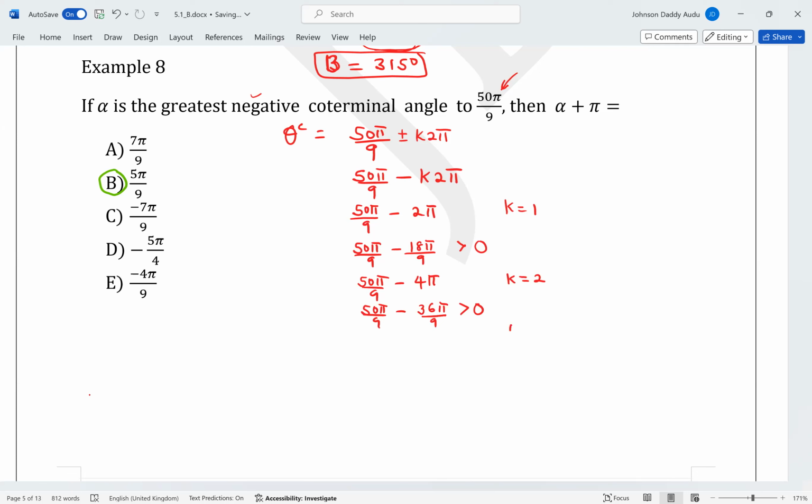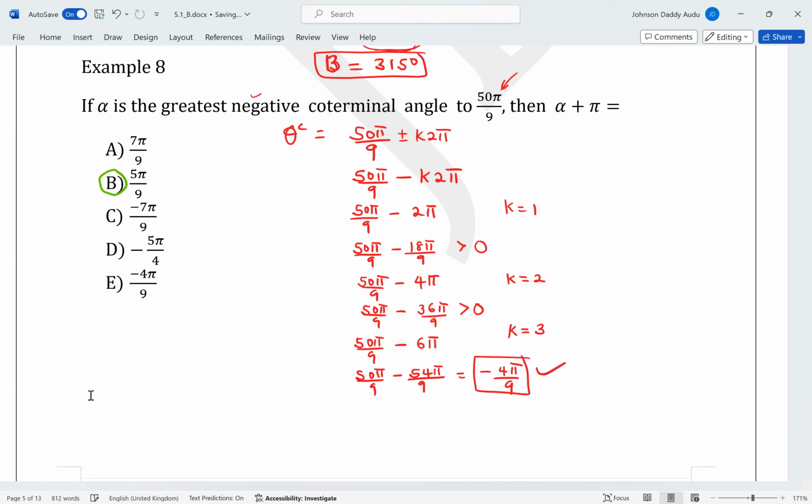So we go again, increase k to k equals 3. If k equals 3, you will have 50 pi over 9 minus 6 pi, right? And this is nothing but 50 pi over 9 minus 54 pi over 9, and this is going to be minus 4 pi over 9.